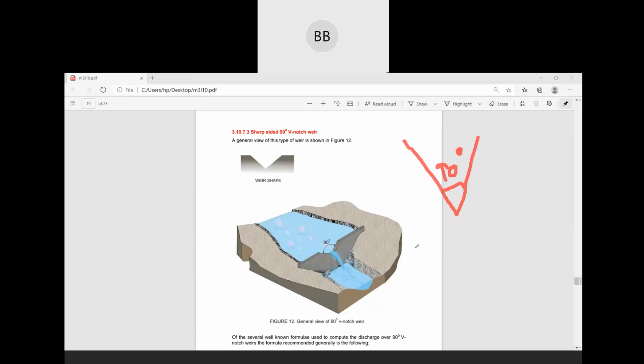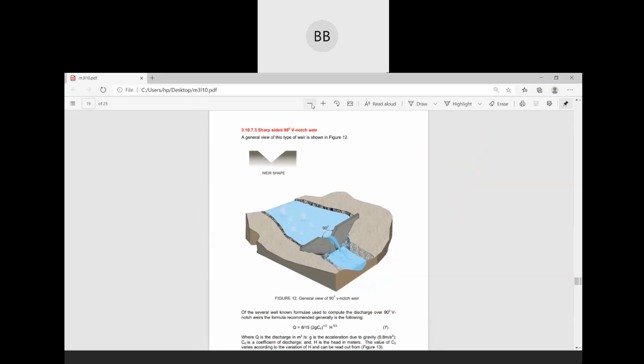The first one is your rectangular, second is trapezoidal, this third one is your triangular, and all the three are sharp crested weirs. And you write down this equation, that is equation number 7.